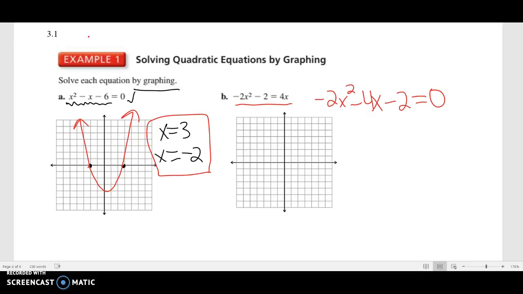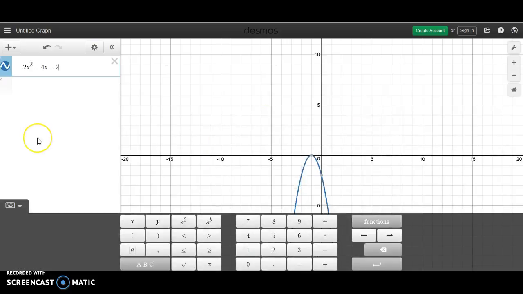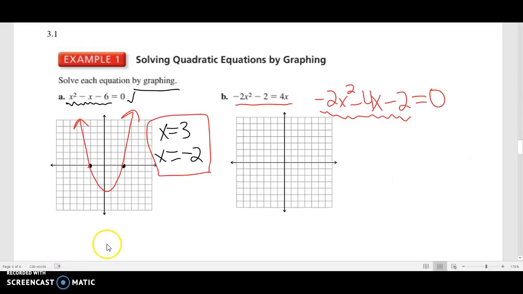So when I do that, I'm going to now plug it into Desmos. As you can see here, when I plug the function into Desmos, I see that my x-intercept is -1, and there's no other x-intercepts. So going back to my notes, I'm going to write x equals -1, plot that point on my graph, and sketch the curve. Make sure it's going down.